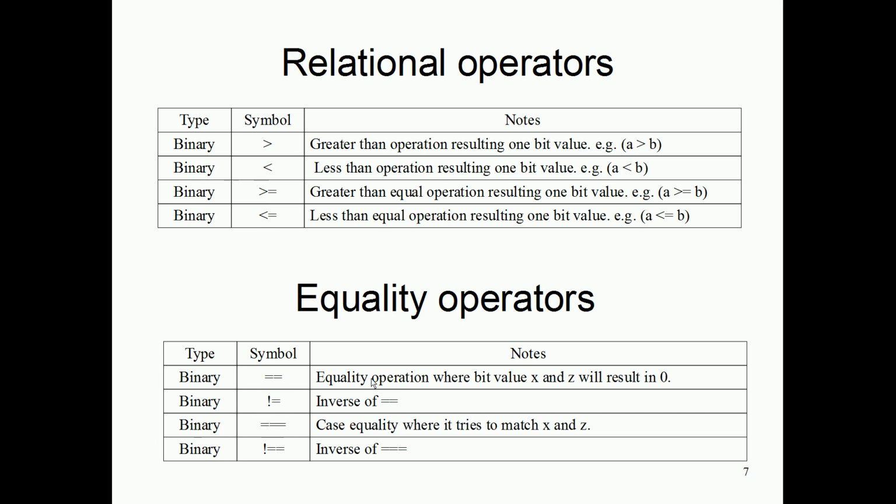But remember, in Verilog we deal with the values x and z along with 0 and 1, so we have four different values. This equality operation doesn't actually handle the values x and z. Let's say we have two variables, a equals b, and a's value is x10 and b's value is x10.